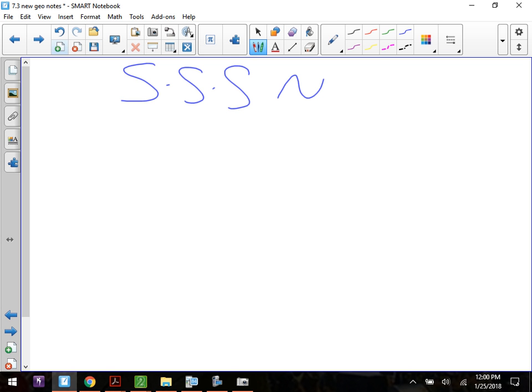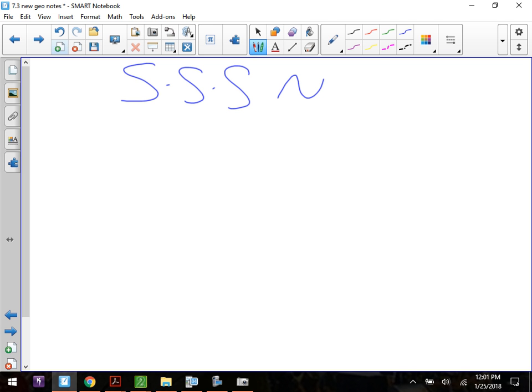The next one is what we call side-side-side similarity. This is one of the ways of showing that something is similar. This is the one that takes the most work. You've done this one already.